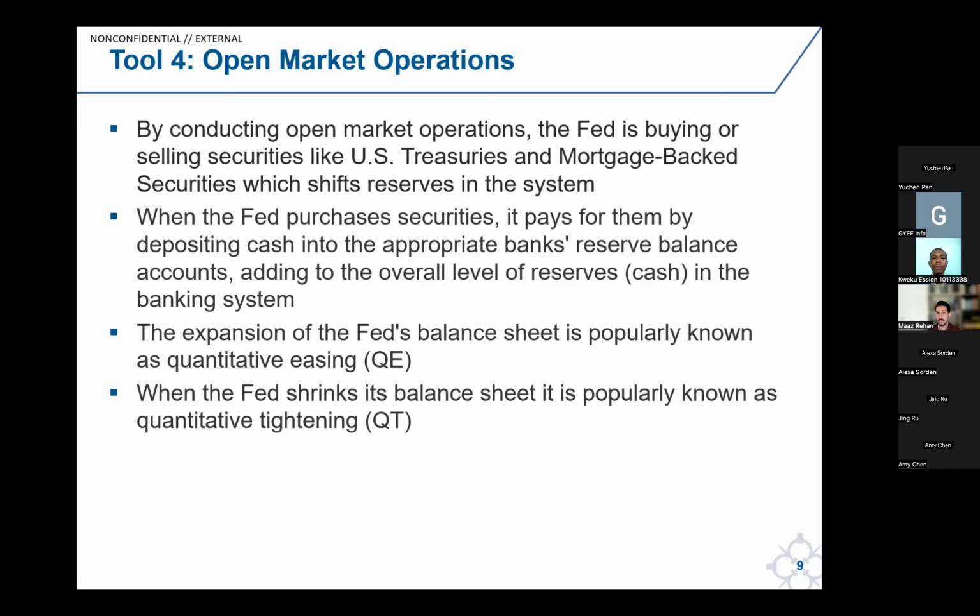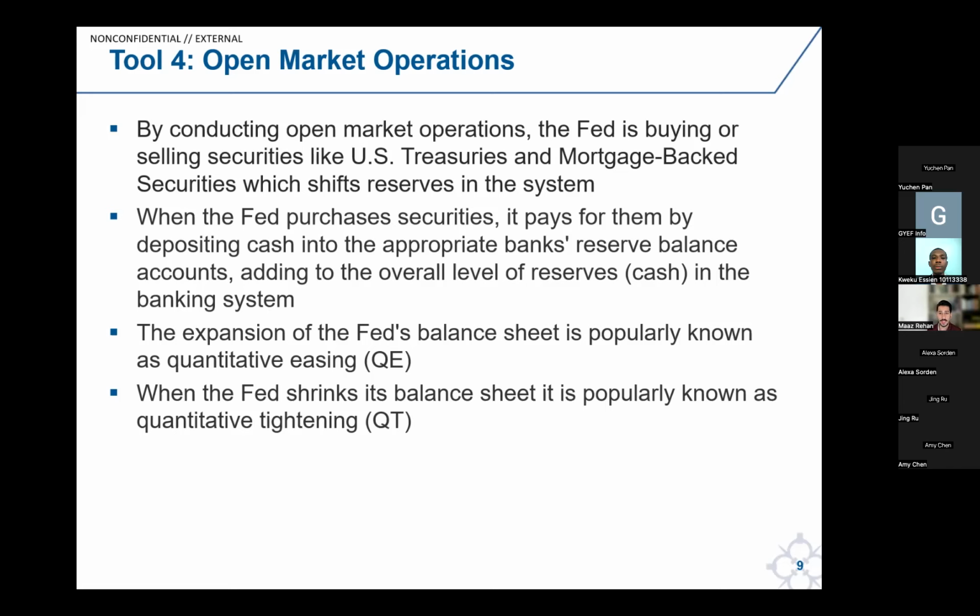By conducting open market operations, the Fed is buying and selling securities like US Treasuries and mortgage-backed securities, which shifts the reserves in the system. So when the Fed purchases securities, it pays for them by depositing cash into appropriate banks' reserve balance accounts, adding to the overall level of reserves, aka the cash in the banking system.